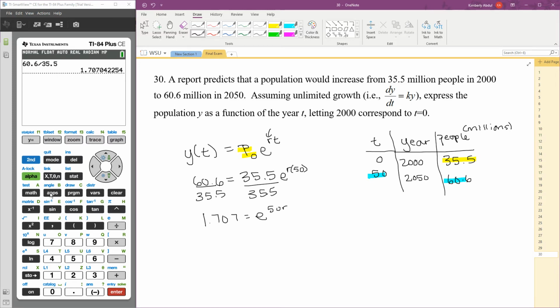Okay, we can then take the natural log of both sides. And when I do that, I'm going to put the natural log of this value here, and that's going to give me 0.5347.